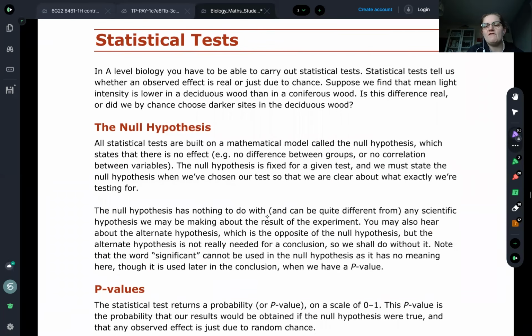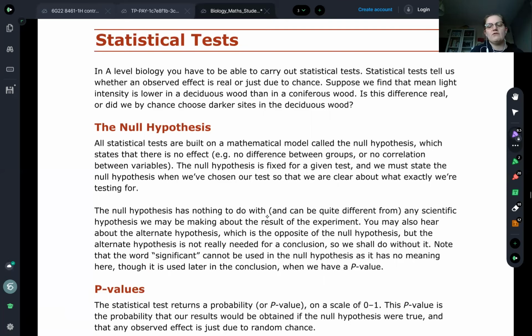So for example, here they're using the example of, we find that mean light intensity is lower in deciduous wood than in coniferous wood. Is this difference real, or did we by chance choose darker sites in the deciduous wood? The first thing we have to do is come up with something called a null hypothesis.